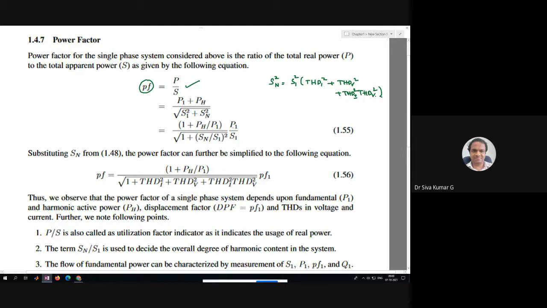This is about P1 by S1. After simplification, we get the power factor, and when you substitute Sn into this equation, we get this equation in terms of THD current squared and THD voltage squared.